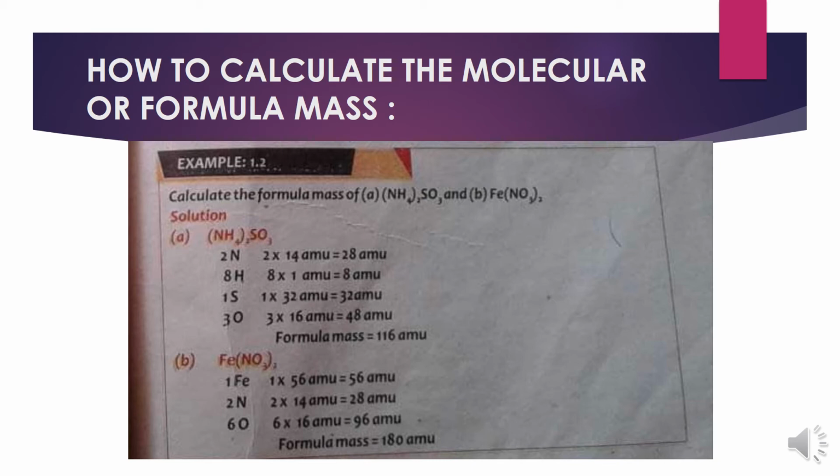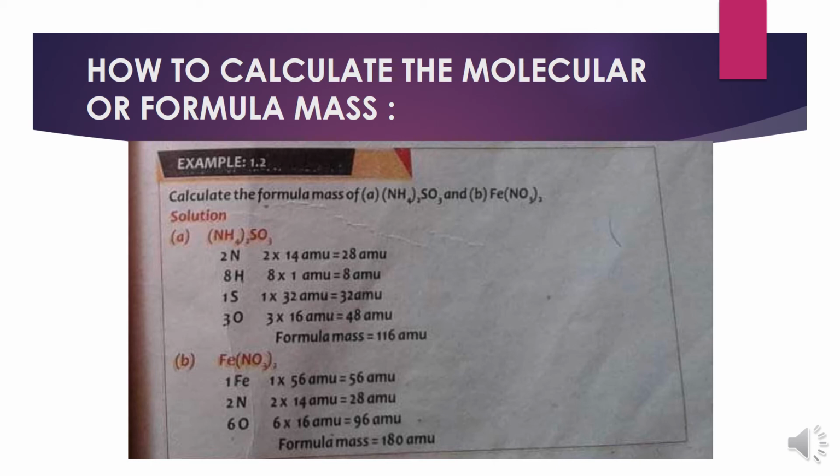Now this 3 and whole 2 means 3 is for oxygen, but this 2 is also for oxygen because the bracket is for N and O. Here N with 1, but outside the bracket there is 2, so 2 into 1 is equal to 2, means 2 atoms of nitrogen are present here and 3 of oxygen, but also a 2 outside the bracket, so 3 into 2 is equal to 6, so 6 atoms of oxygen, 2 atoms of nitrogen and 1 atom of iron.